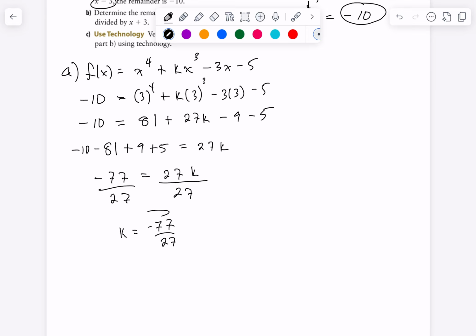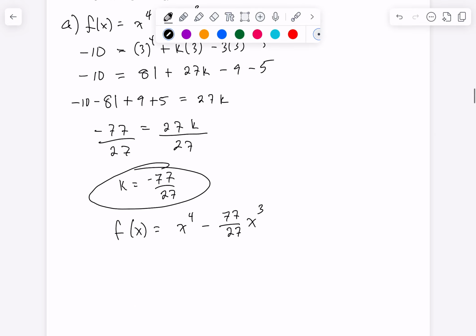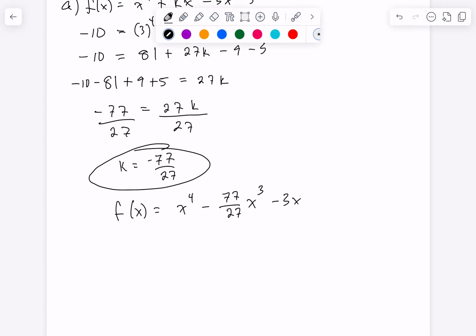Okay, so now I could rewrite this polynomial. Okay, f of x is going to equal x to the power of 4 minus 77 over 27 x cubed, I believe, yeah, minus 3x minus 5. Yeah, okay.